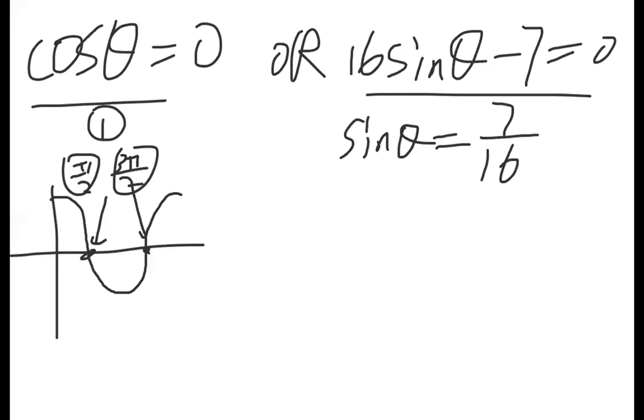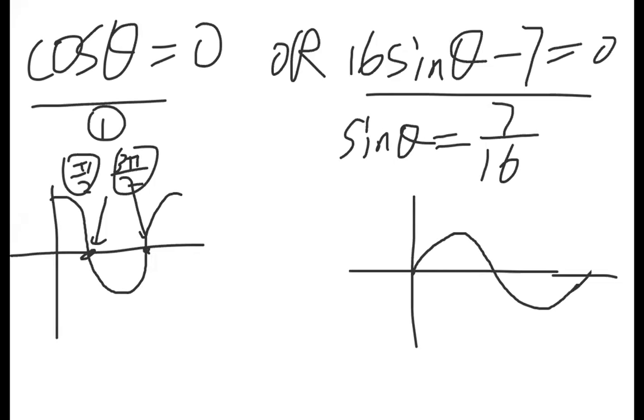Right? So in this case, when you graph sine theta, there are two intersections here and here, when you have 7 over 16. So in order to find the exact value of theta, you have to use the inverse trig.